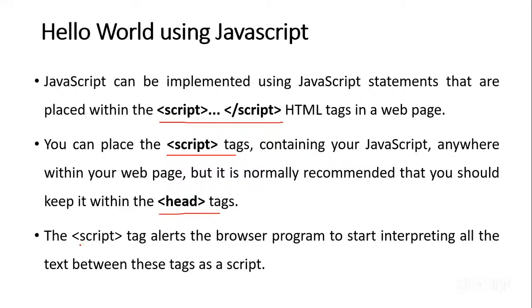The script tag alerts the web browser program to start interpreting all the text between these tags as a script. Nothing but when the browser identifies the script tag, it is going to evaluate the script code.